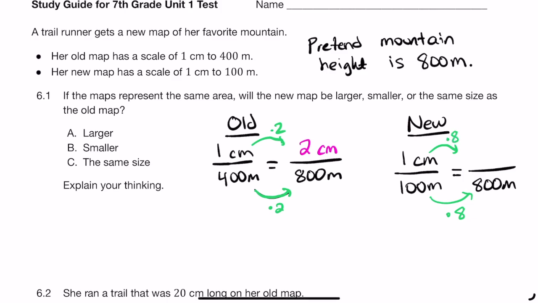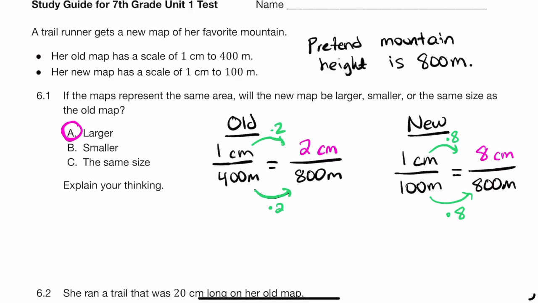So in my new map, this mountain is going to be 8 centimeters tall. So the new map, the drawing, is going to be larger because 8 centimeters is bigger than 2 centimeters. So will the new map be larger, smaller, or the same size? The new map is going to be larger.